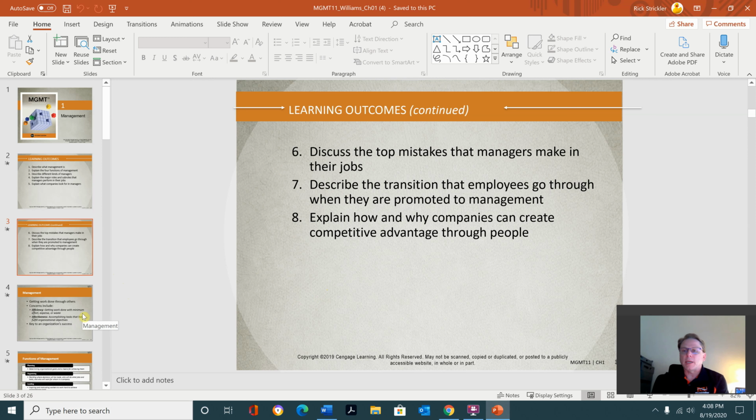I'll go through as many as I can in the next 13 minutes, and then they're available to you to go through the rest. But in the end, you're responsible for being able to answer and know these 8 learning outcomes for this chapter and every chapter. The format's going to be the same for every chapter.